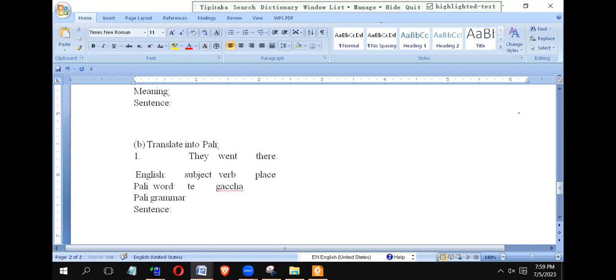And then the place is tatra. Or you can put gacchiṃsu. In terms of grammar, it's nominative third person plural. Gacchiṃsu: because it's past tense, you have to put Aorist and then third person plural. This is an adverb of place.